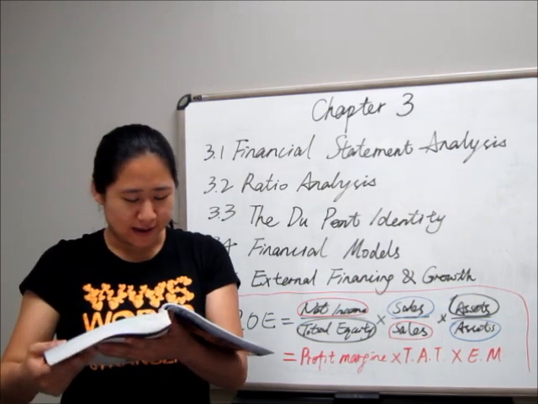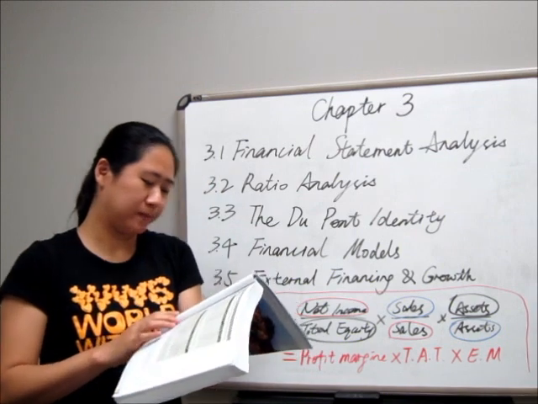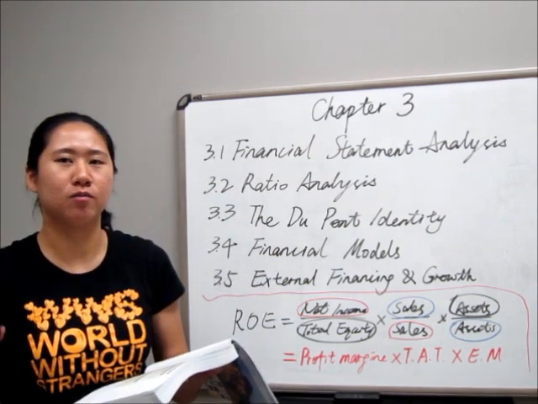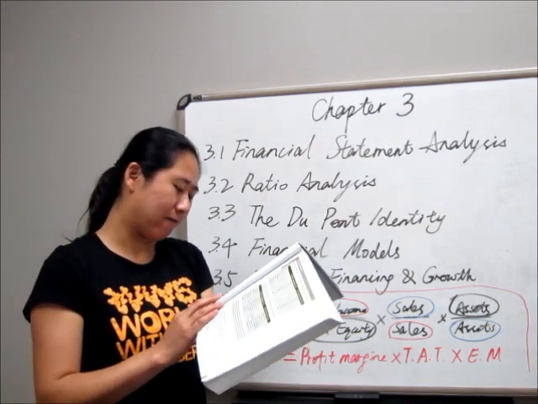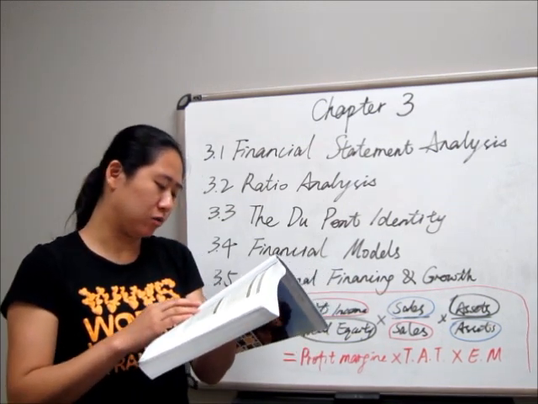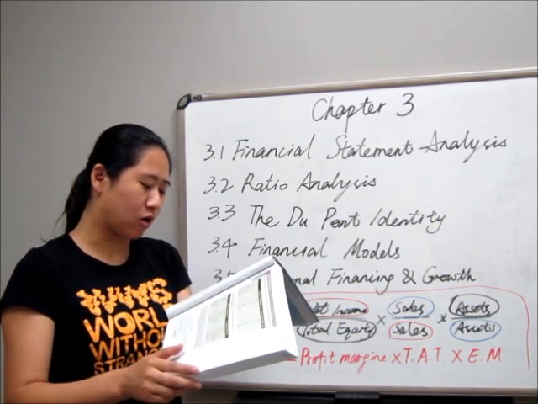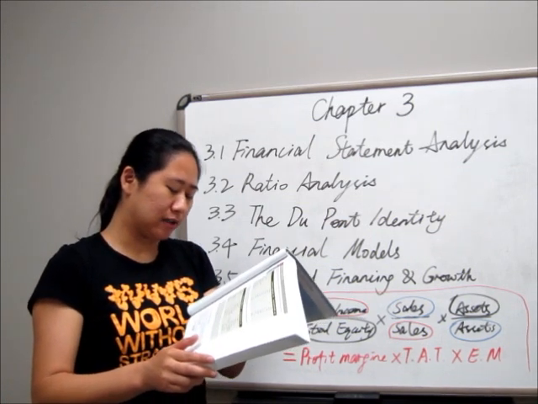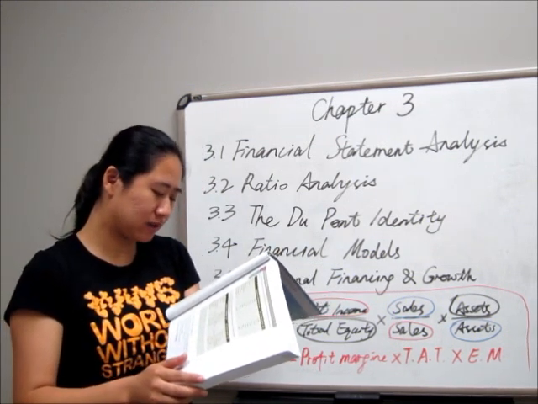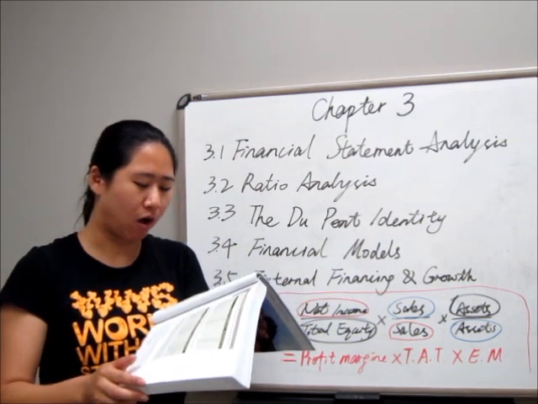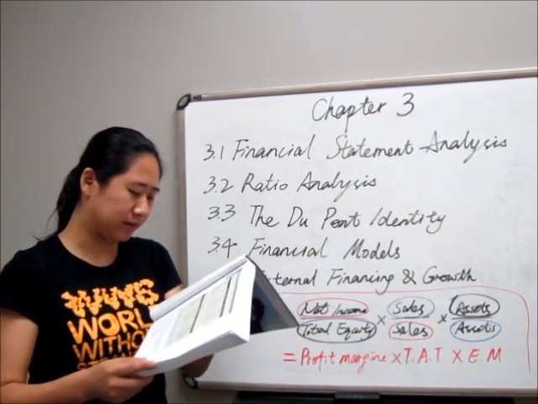And the fourth group is profitability ratios. This is a very important group to evaluate how profitable the company is. We have profit margin equal to net income divided by sales, we have return on assets, or ROA, which is net income divided by total assets. We have return on equity, or ROE, equal to net income divided by total equity.